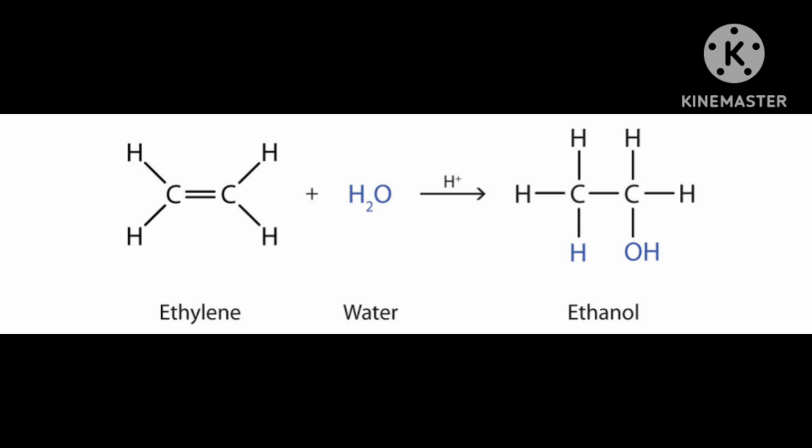Then the remaining part of the H2SO4 will join with the second carbon, correct? And this hydrogen will go to the third carbon, because when a bond breaks, it affects the neighboring carbon, and the neighboring carbon will attach the H. If the remaining part is negative, then H plus is positive and will go to the other carbon. The methyl group is as it is, nothing to do with that.